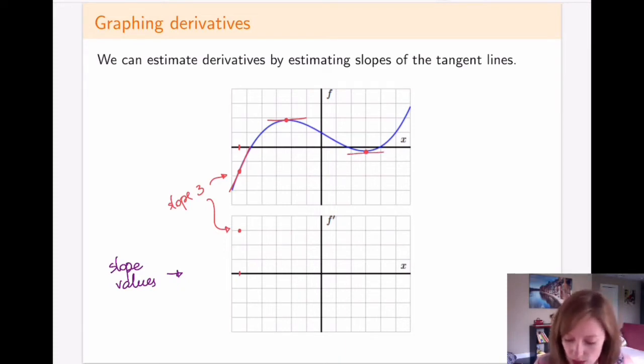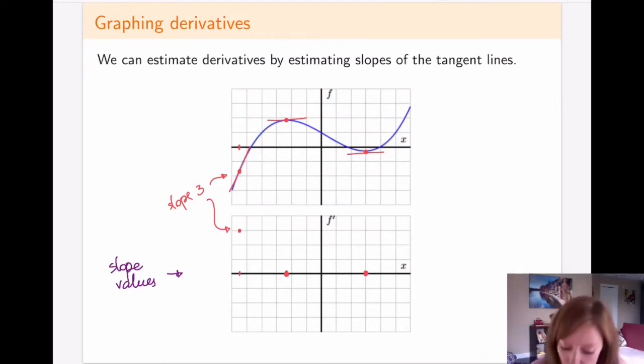So that means that on this x coordinate, my slope and therefore my derivative value is 0, which means that here is my point on the derivative graph. Similarly for here, that means that at this point, my derivative value is 0. Okay, what else can we do?